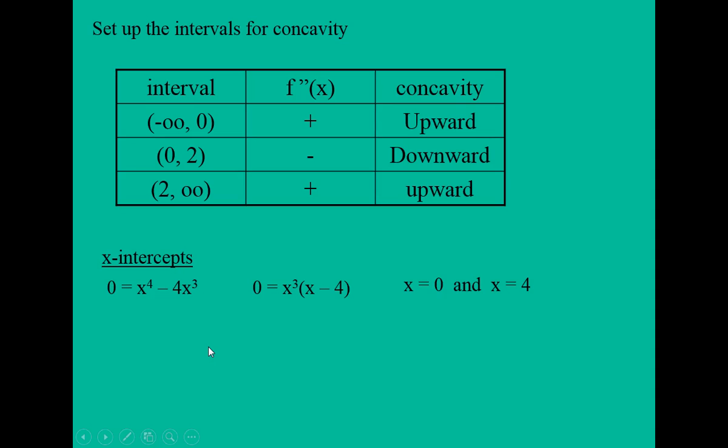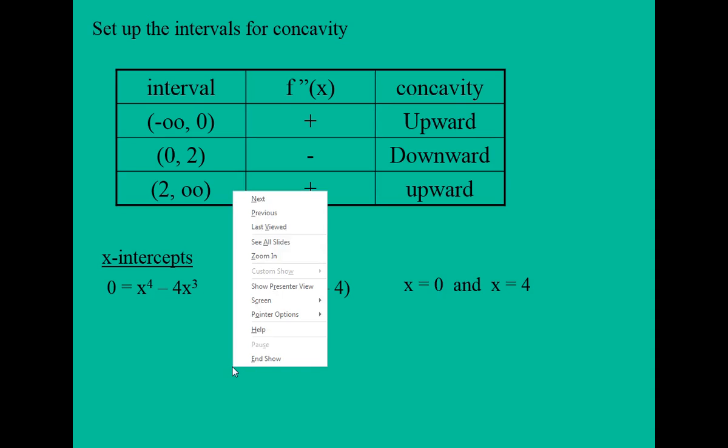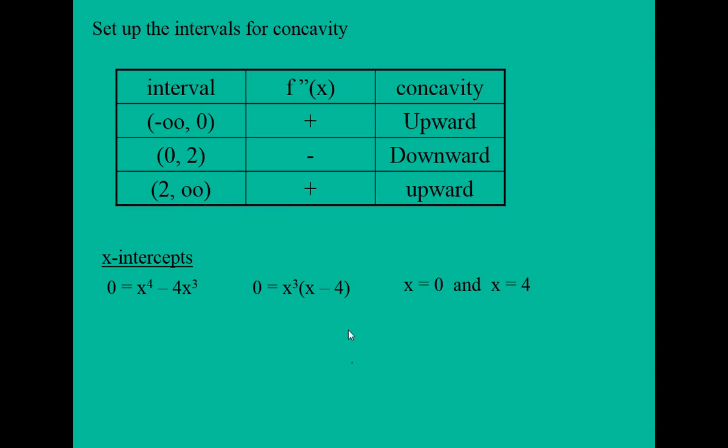Now we do have some x-intercepts, and recall, if we have x cubed, that means it has a multiplicity of 3.